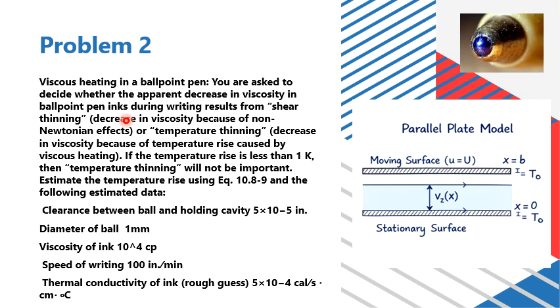Shear thinning is decrease in viscosity because of non-Newtonian effect, and temperature thinning is decrease in viscosity because of temperature rise caused by viscous heating. If the temperature rise is less than 1 Kelvin, then it is not due to temperature thinning, it is due to shear thinning.